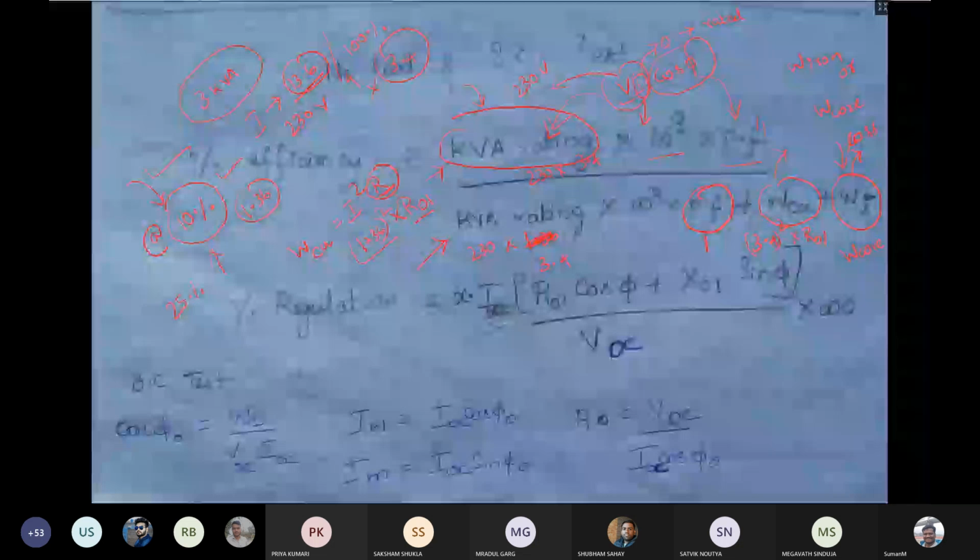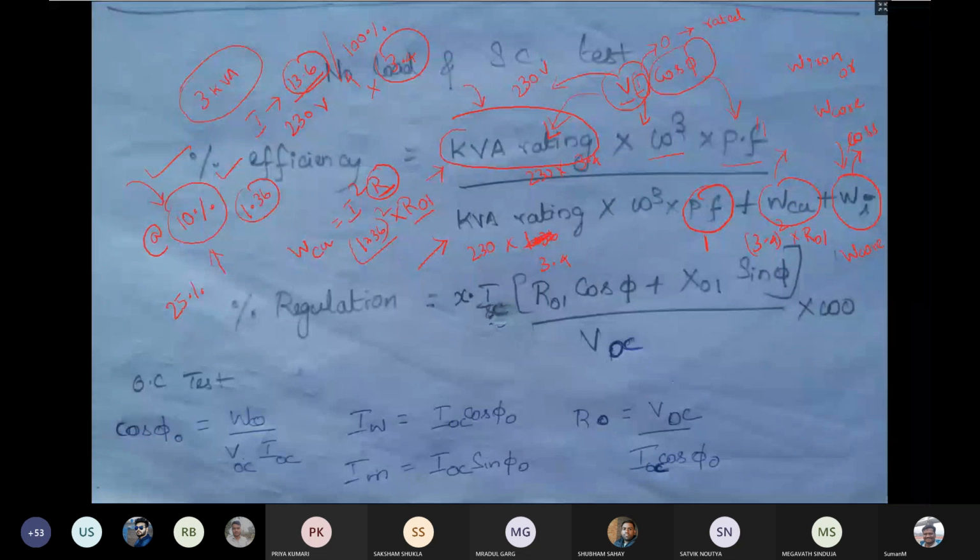Without doing the load test directly, we can find the efficiency at any percentage loading. That is the requirement for the open circuit test and short circuit test. In these tests, we are finding the parameters of the equivalent circuit, and other than that, we are measuring the core loss in the open circuit test and the copper loss in the short circuit test.